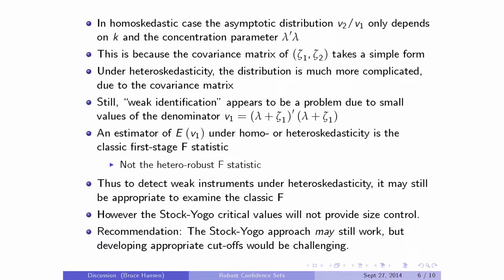The F-statistic, not the hetero-robust F-statistic, but the classic F-statistic is actually an estimator of the expected value of the denominator even under heteroskedasticity. So that suggests that maybe we actually do want to look at the classic F-statistic under heteroskedasticity, but use different critical values because what we're really interested in is two-step.